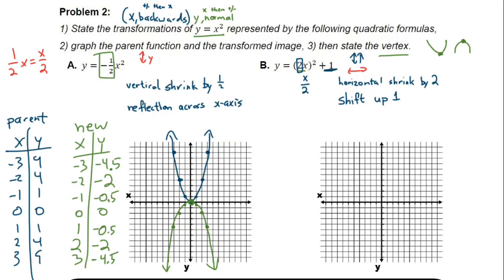So here we go. Your parent function, x, y. Negative 3, negative 2, negative 1, 0, 1, 2, 3, 9, 4, 1, 0, 1, 4, 9.